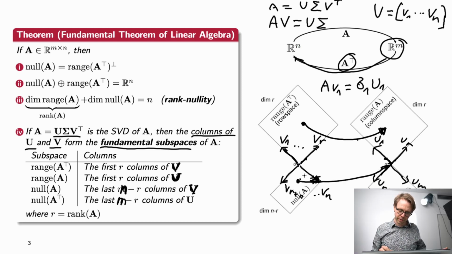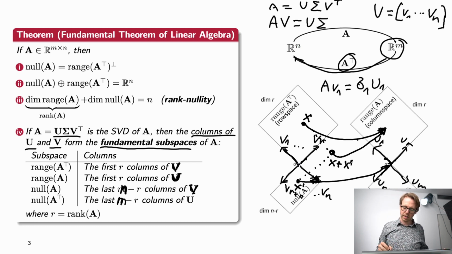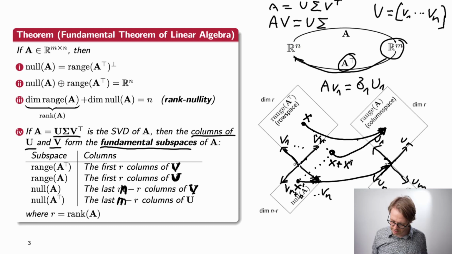It follows that if we take their sum, this will also go to this point. So we're taking the sum of a point x and x prime and taking Ax plus Ax prime.